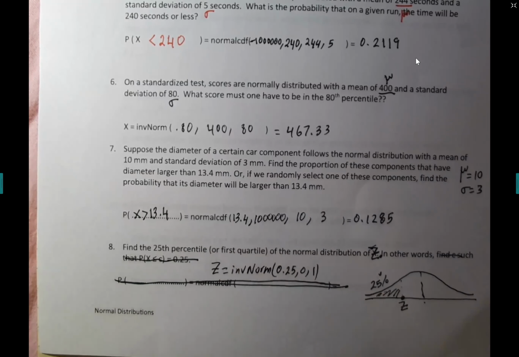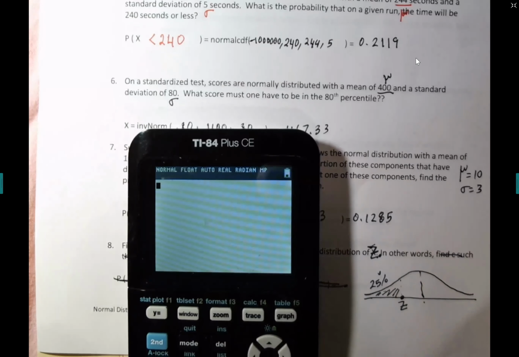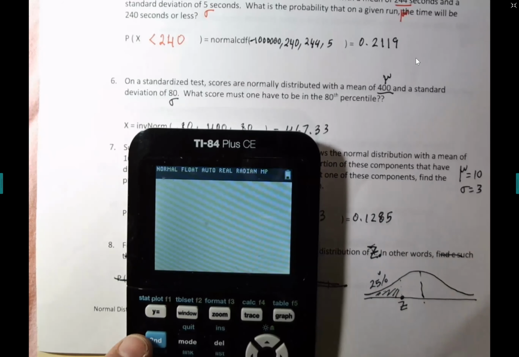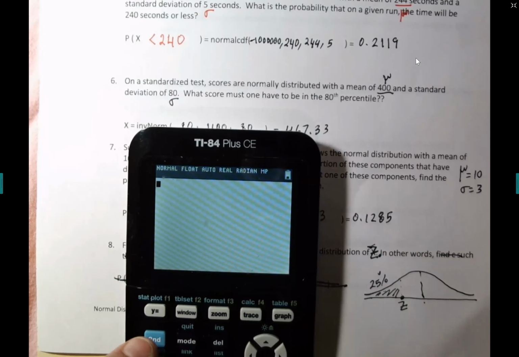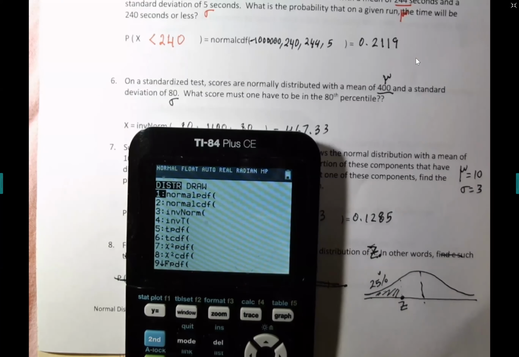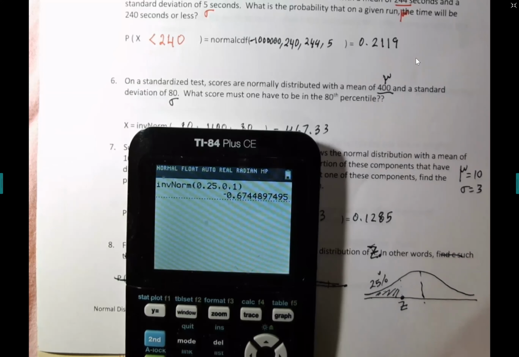And let's see what that would be. If you are in the 25th percentile, it means 25% of the data are less than you. So second, distribute, inverse norm, 0.25. It would be a negative answer, negative 0.67.